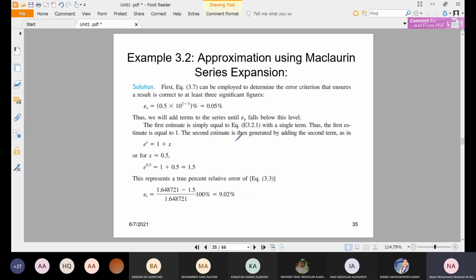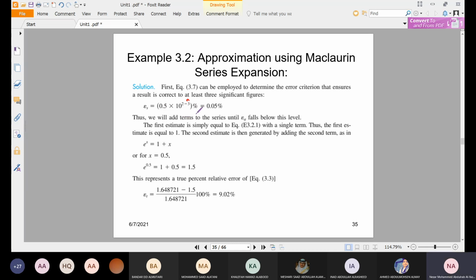We have different formulas to determine the stopping criteria. So the approximation stopping error is equal to 0.5 multiplied by 10 to the power 2 minus n, in percent.